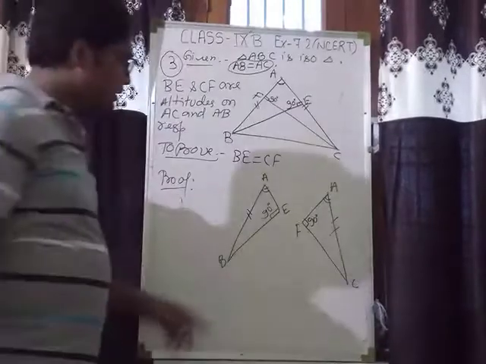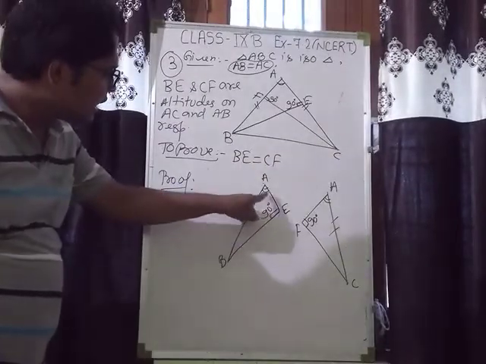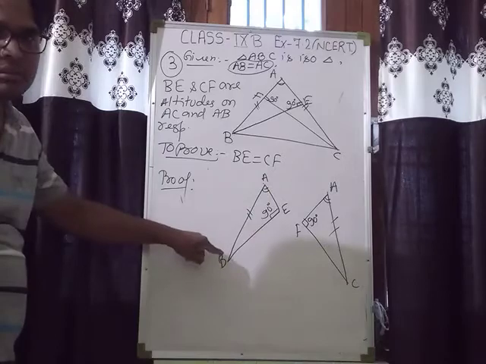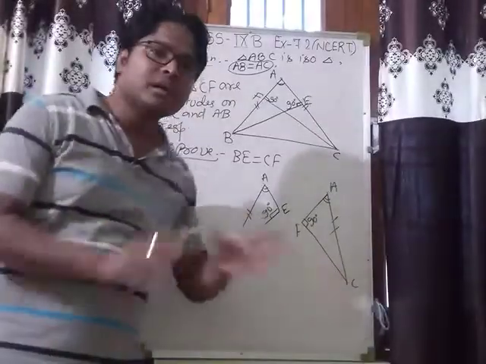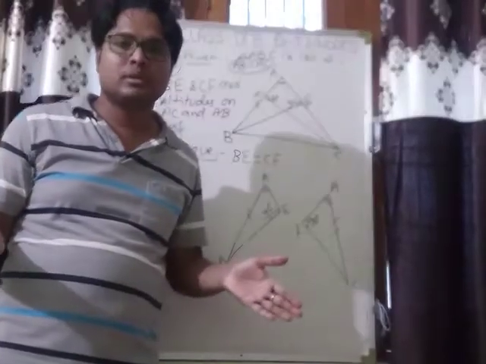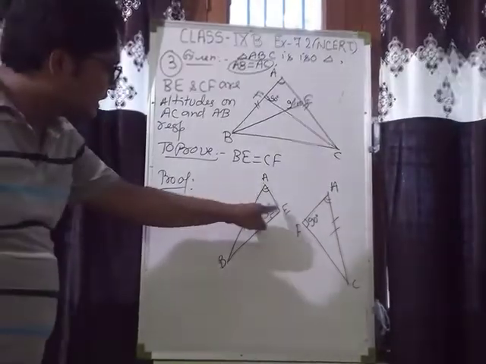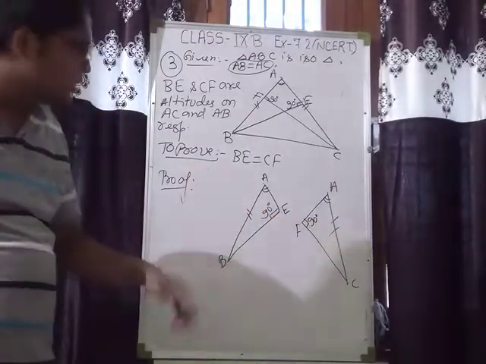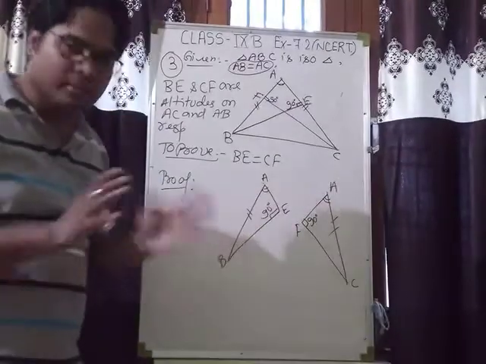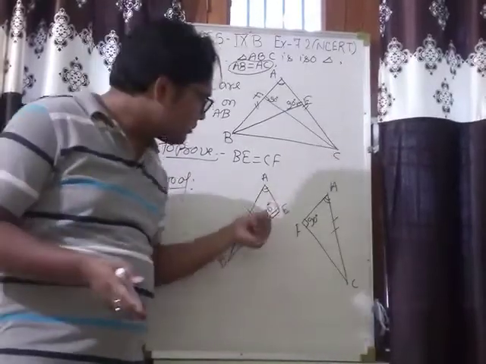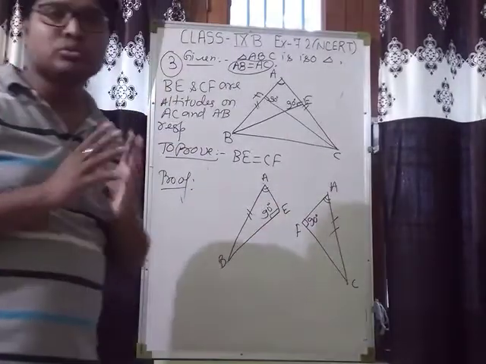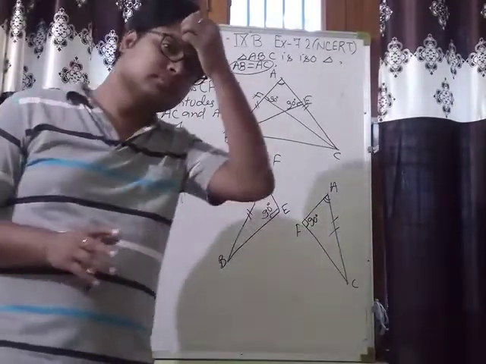So by the angle side congruency rule, these two triangles will become congruent. This angle is 90, this angle is 90, both are equal. The angle A is common and AB is equal to AC, it is given. That's why by AAS congruency rule, these two triangles will become congruent.